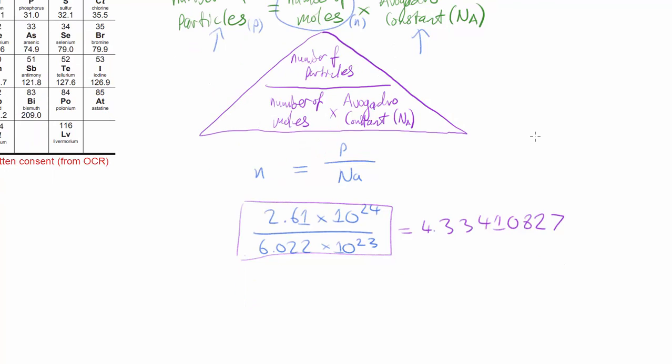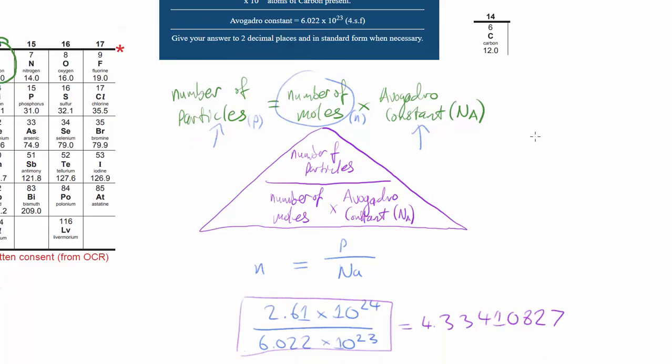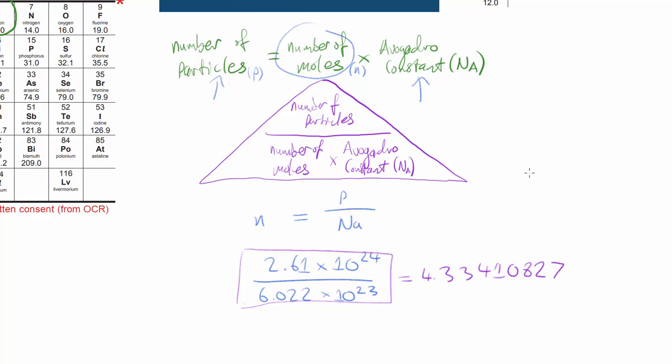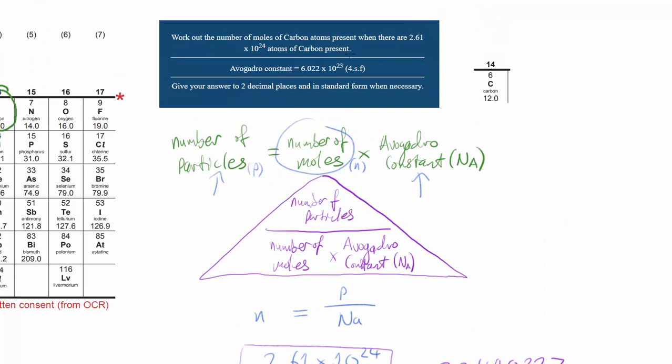And if we check what we've been requested to do with the value we get, it says give your answer to 2 decimal places and in standard form. Now in this particular case, because we've been asked for a number of moles, standard form is not relevant. We don't need to represent it in times 10 to the power of anything. What we do need to do is give our answer to 2 decimal places.